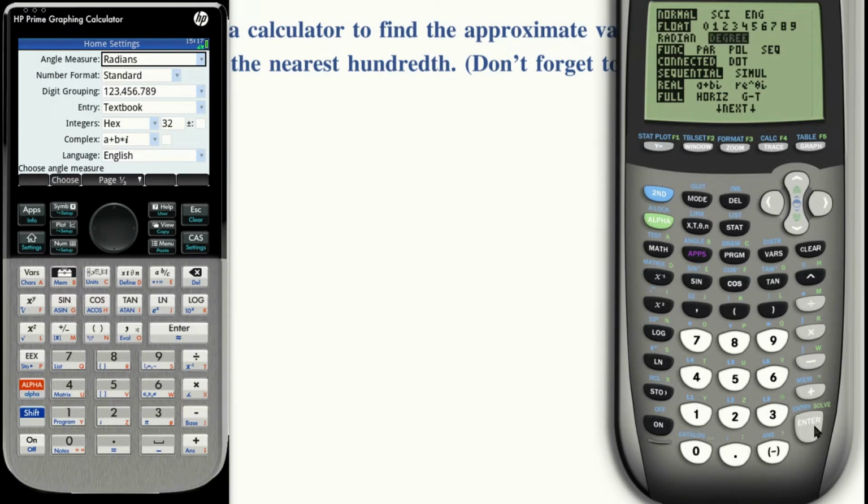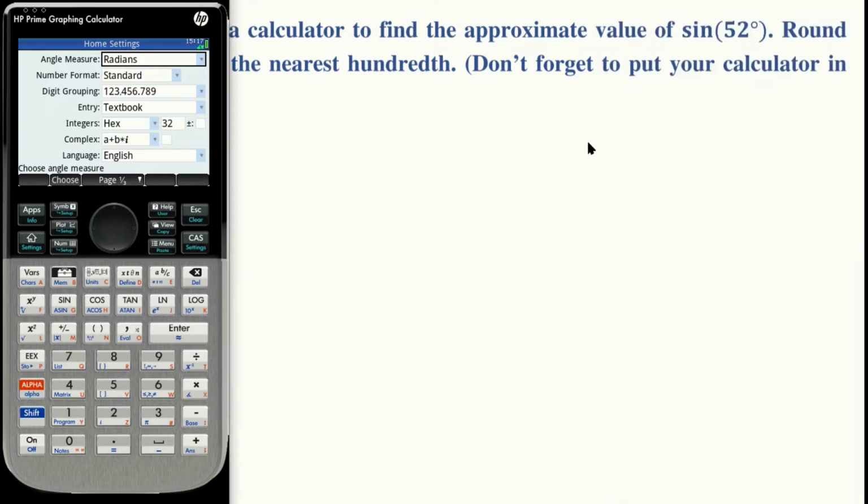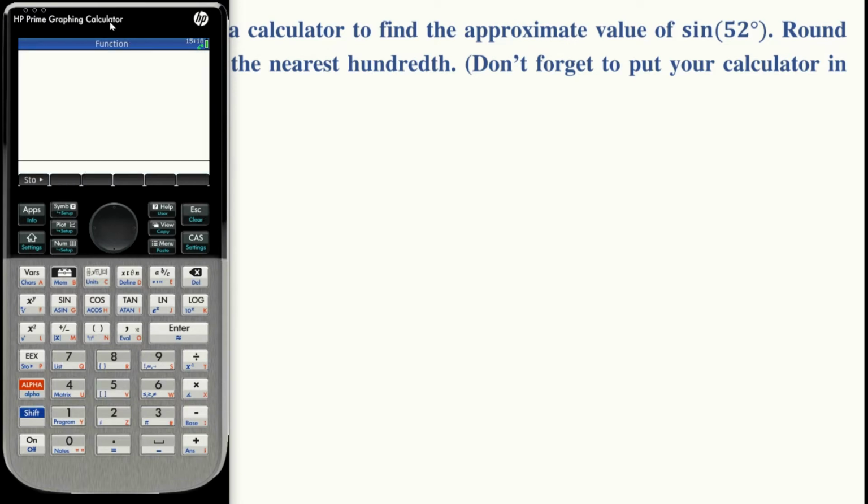So we can go like that on a TI-84, or we can go like so on this HP Prime calculator, for instance. But any calculator that you use, as long as it's scientific, will have these options. Once you choose it, make sure you click in another tab so that the setting takes. Otherwise, it may not become effective if you don't do so. And then you're ready to do calculations, and it'll be in the right mode, right?